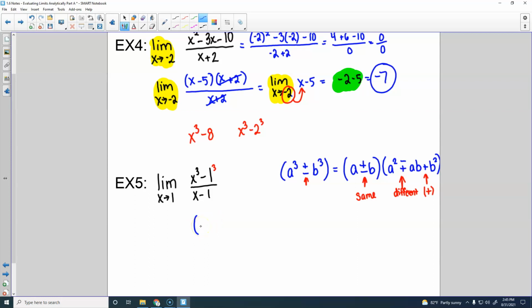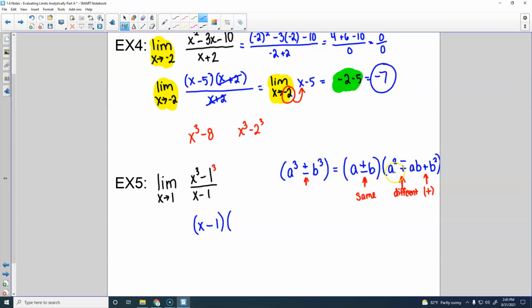So, when I factor this in the top, oh wait. First I should do direct substitution. Does this give me 0 over 0? It does. It gives me 0 over 0. But I should check that. So I'm going to factor the top. So you're going to have just the a, so it's going to be x in this case. Use the same sign, so use the minus sign. And then the b, so the cube root of 1 is just 1 here.